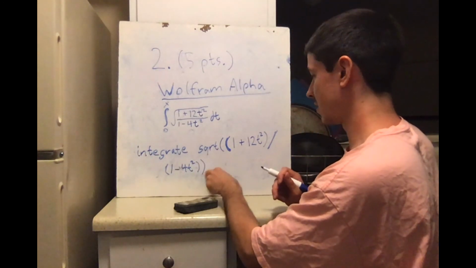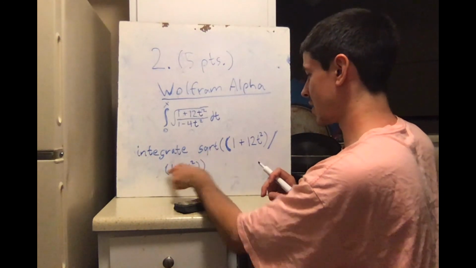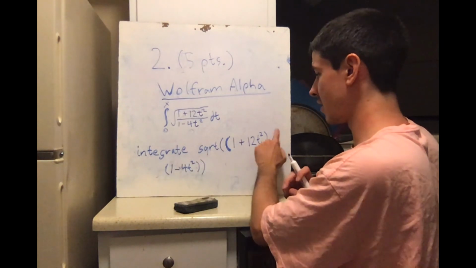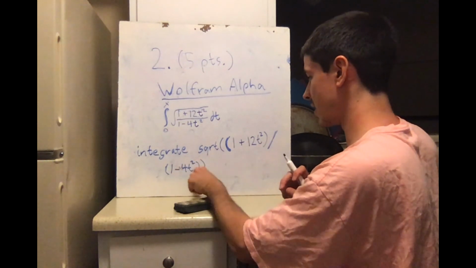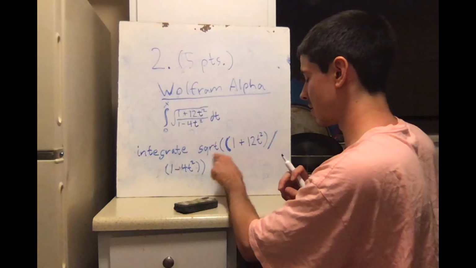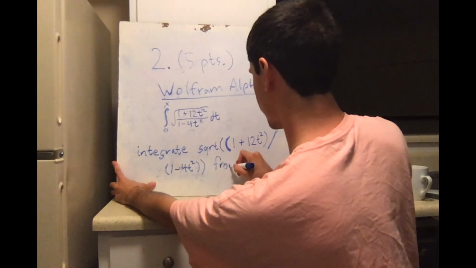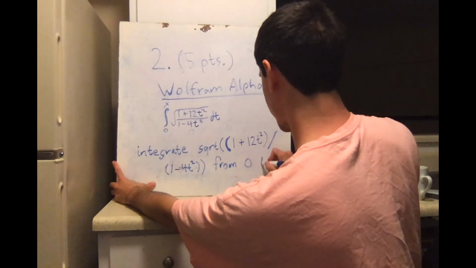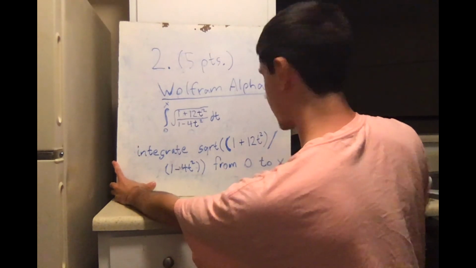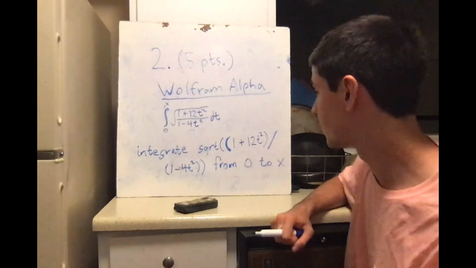This closes this, this closes this. So you have this expression divided by this expression, and then you close these parentheses, then say from 0 to x. And Wolfram Alpha will understand you.